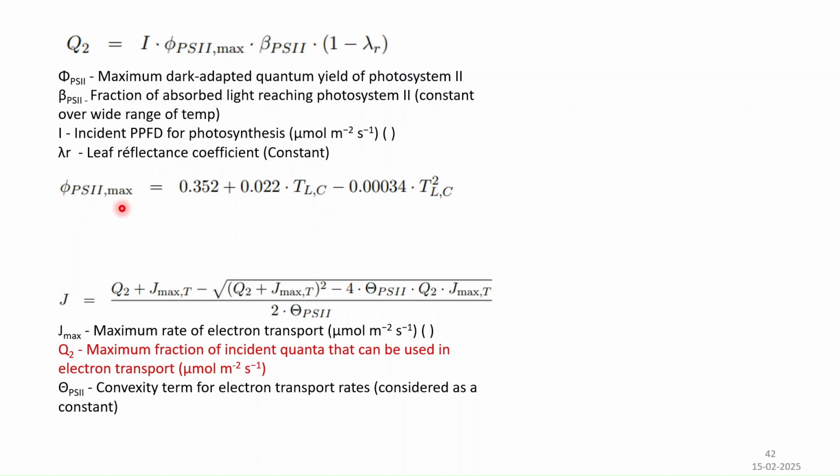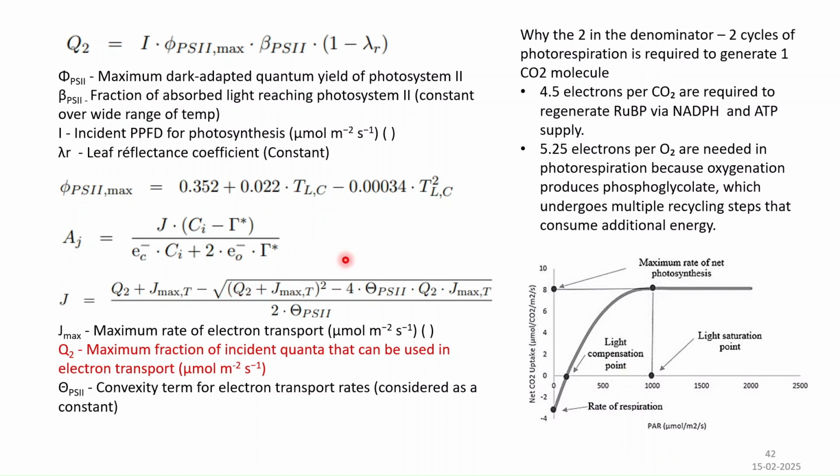So this phi PS2 as well as theta PS2 is given by the equation 0.352 plus 0.022 T minus 0.0034 T square. So if you see this equation, unlike the previous equation that was represented by the Arrhenius equation, this looks like a polynomial equation, a plus bx plus cx square. So the temperature response function over here is not the Arrhenius equation. I'll come to that in the next slide.